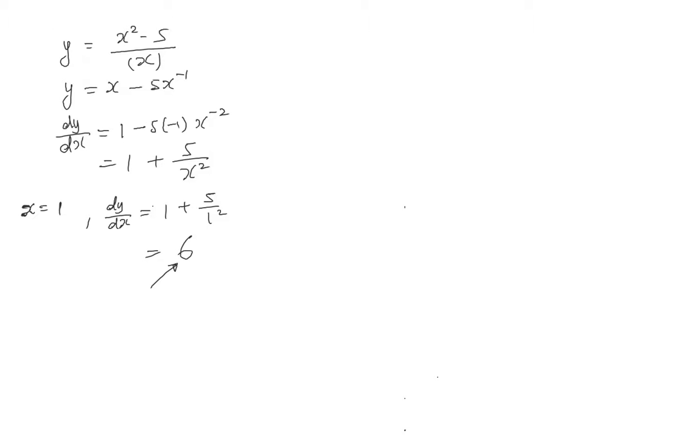If you give me an answer like that, I won't give you any mark at all. You will say the rate of change for this function at x equals 1 is 6.